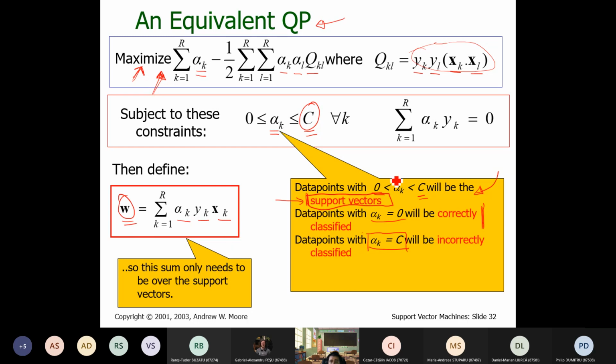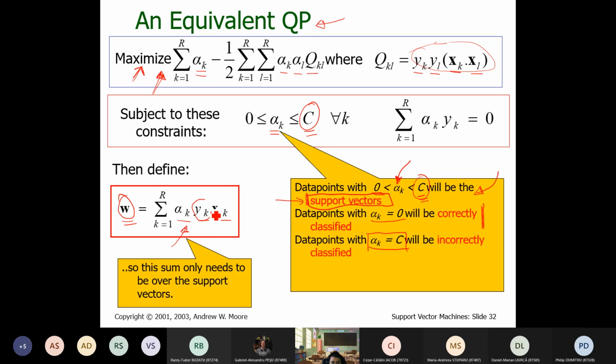So once we impose the value of C, we apply quadratic programming, and from the quadratic programming we get these values alpha k. For all the values that are greater than 0 and smaller than the threshold that we imposed, those are the support vectors, and they are the only points that will influence the weights of the classifier.